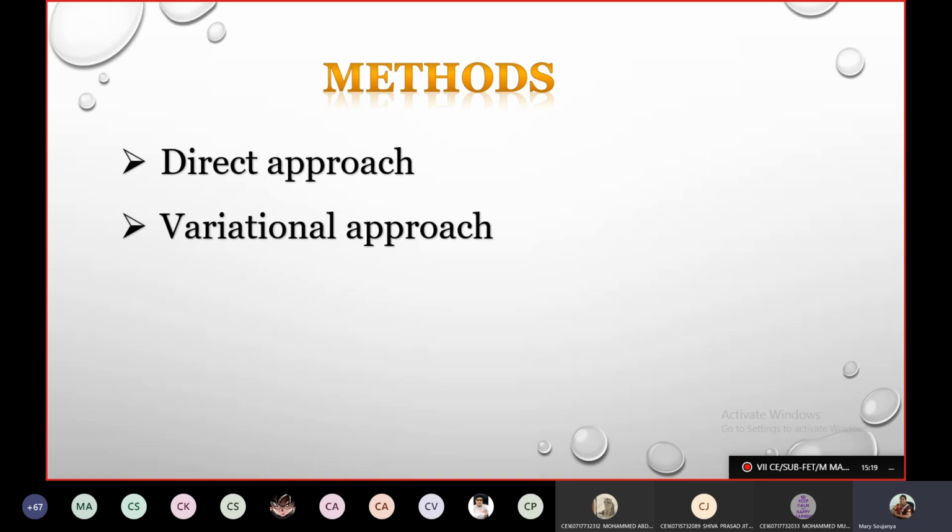Variational approach uses either potential energy or the concept of variance. Anybody remember what a variance is from your mathematics? I hope everybody has cleared the subject. Anyone, what is a variance?